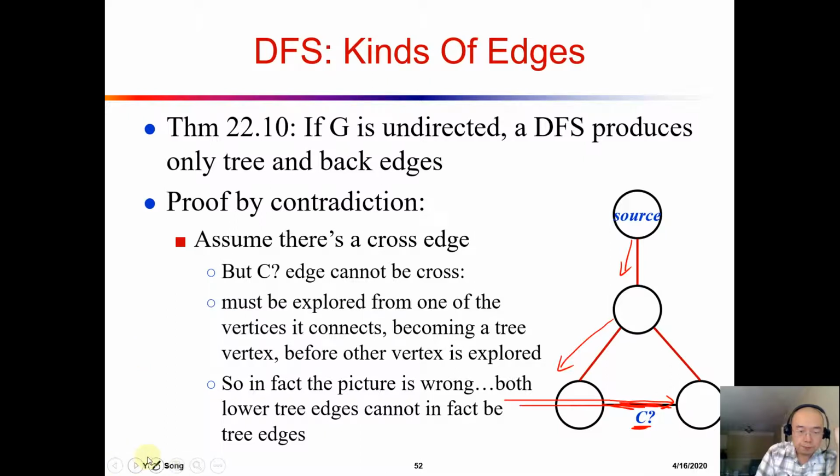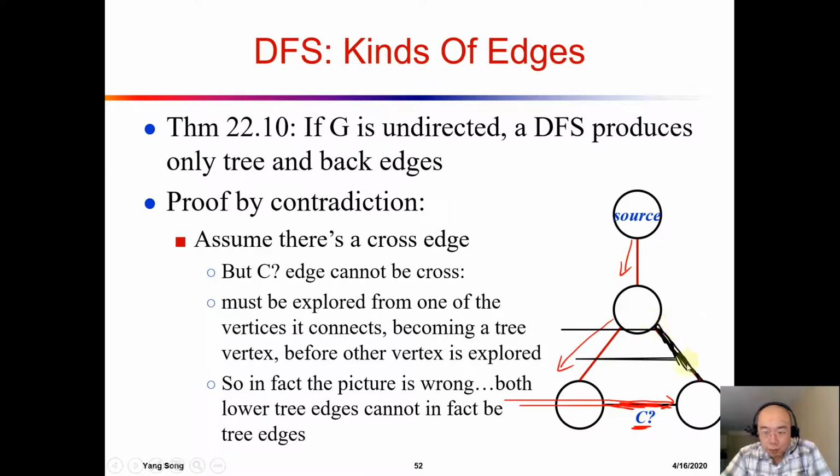And for this edge, we argued this can be black, it can be red, but that's wrong. It has to be a black edge. Okay, so this is the argument. The argument doesn't hold because if we are running a depth first search, this edge has to be part of the tree edge, so it won't be a cross edge.